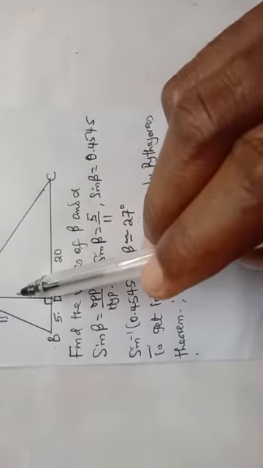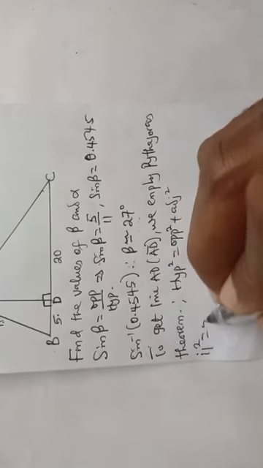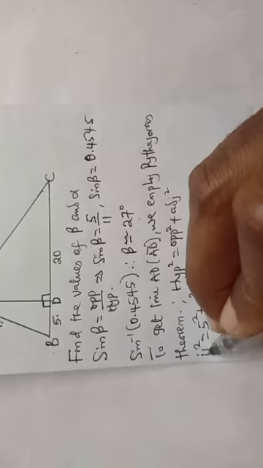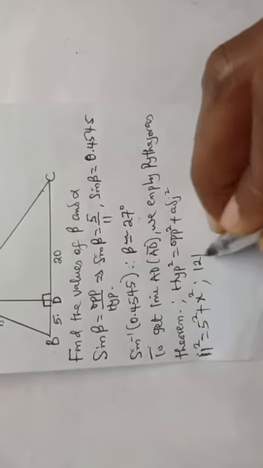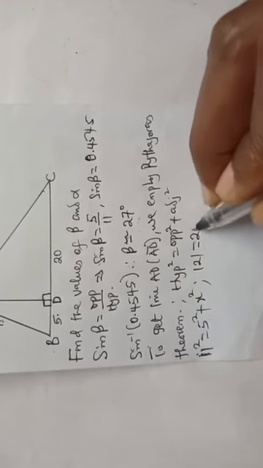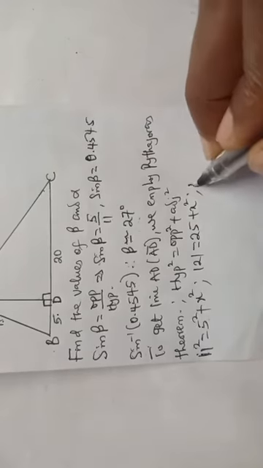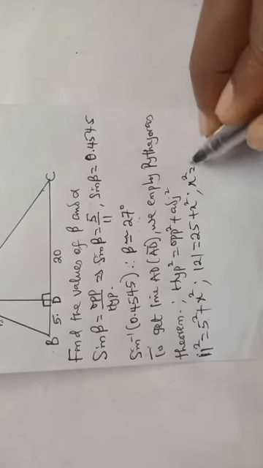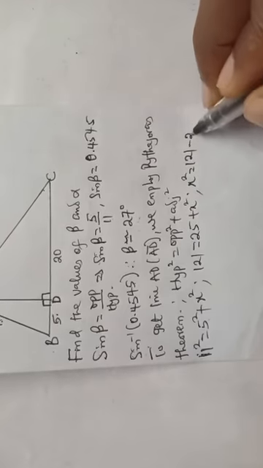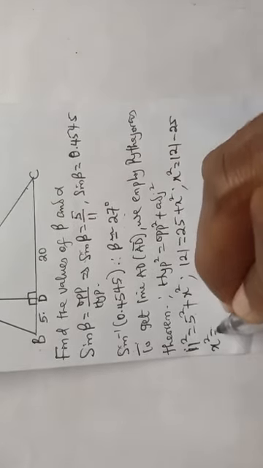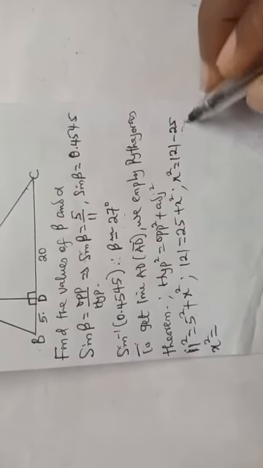Hypotenuse, opposite, adjacent. So I'm going to have 11 squared is equal to 5 squared plus, let's use x for adjacent, which is unknown, x squared. So 11 squared is 121, 5 squared is 25, plus x squared. If I collect terms, x squared is equal to 121 minus 25, which gives me 96.